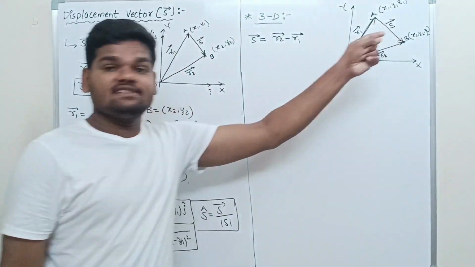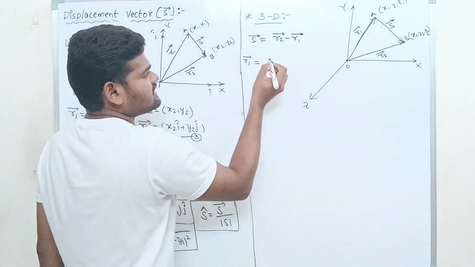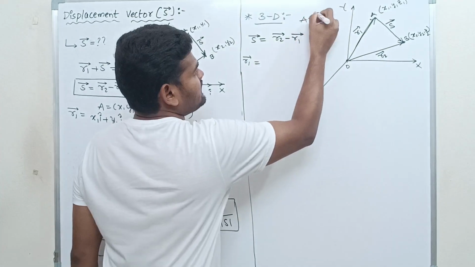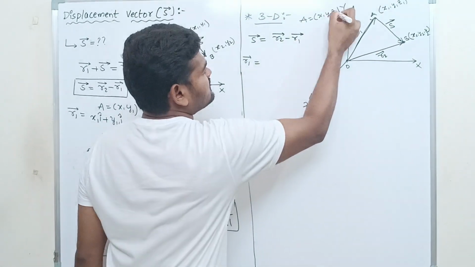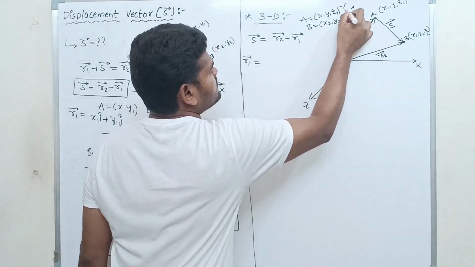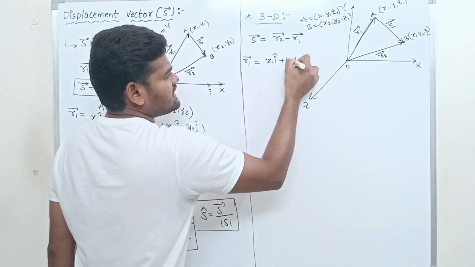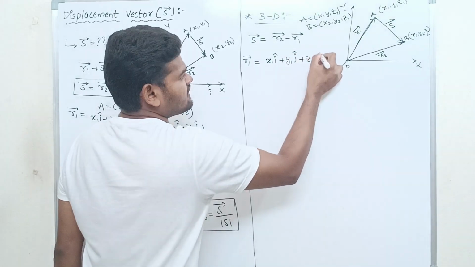In a three-dimensional coordinate system, what is the position vector of point A? That is r1. Point A is x1, y1, z1, and point B is x2, y2, z2. So r1 bar is equal to x1 i cap plus y1 j cap plus z1 k cap.